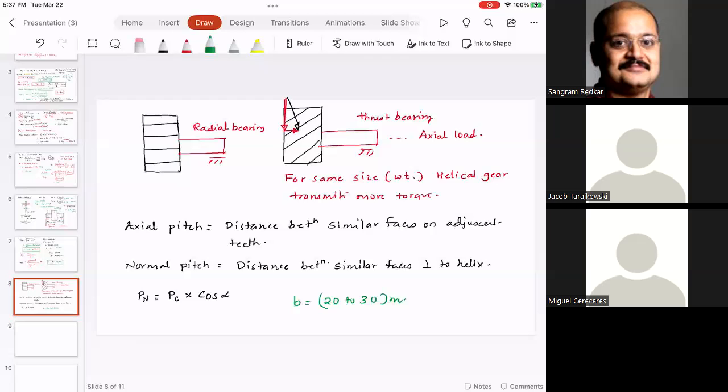But what we would do is, we would first find out the equivalent number of teeth, which means if we come up with maybe n number of teeth for helical gear, from those helical gear teeth, we have to find out the equivalent number of teeth for spur gear. So in helical gear, we have to find out TEQ, which is T divided by cosine cube alpha, where alpha is the helix angle.